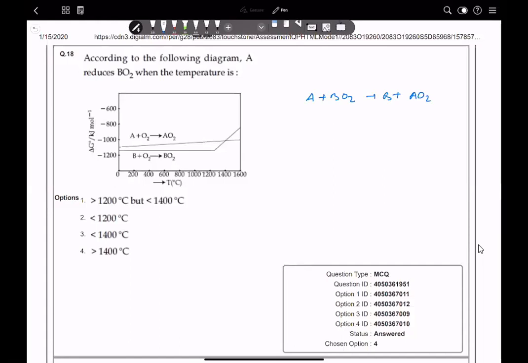That means in this equation, we reverse this equation and add. We reverse this equation and add. So if we reverse the equation and add, that means the delta G naught value becomes positive in the case of BO2.